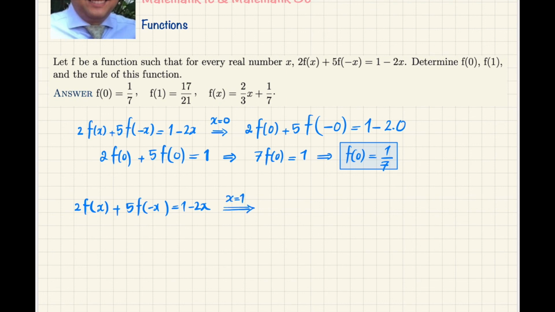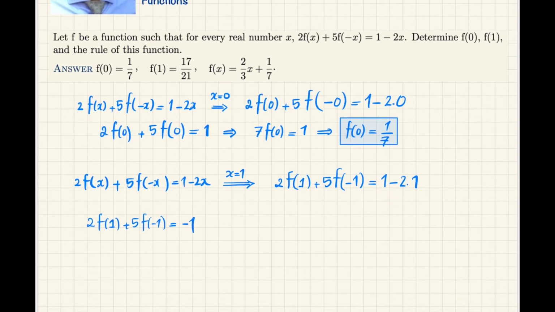But let us see how it goes. Then the first term becomes 2f of 1, and the second becomes 5f of minus 1. On the right hand side I will have 1 minus 2 times 1. So it becomes 2f of 1 plus 5f of minus 1 equals minus 1.